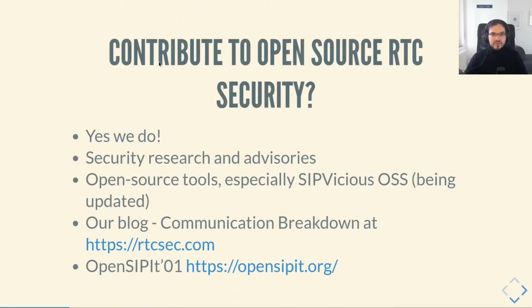So how do we contribute to open source RTC? Well, we contribute using various different methods, but I'm going to talk about OpenSIPit, which was a recent event that happened a month ago, where a number of SIP-based software project developers joined up to do interoperability testing, focusing on new RFCs such as those which define the STIR/SHAKEN protocols, which is trying to block caller ID spoofing.